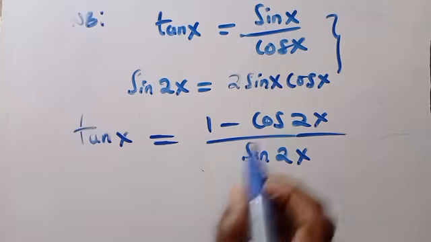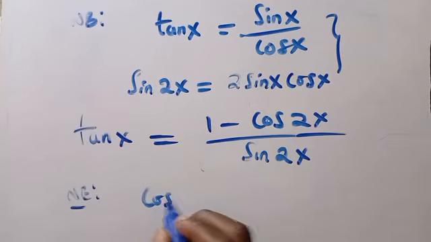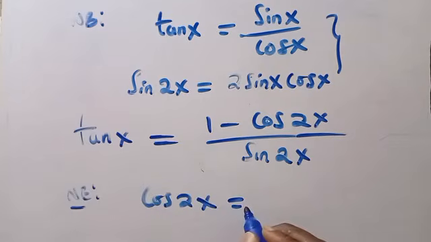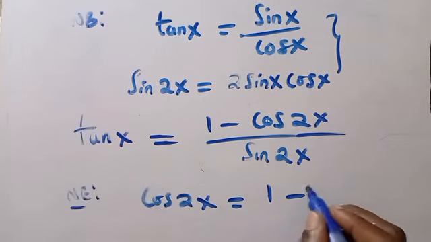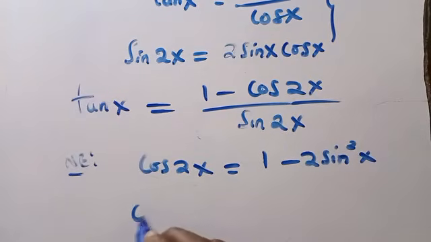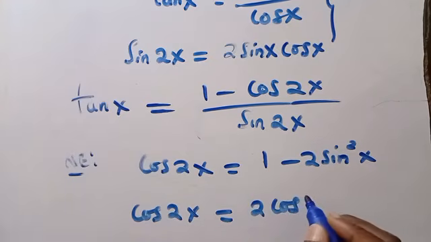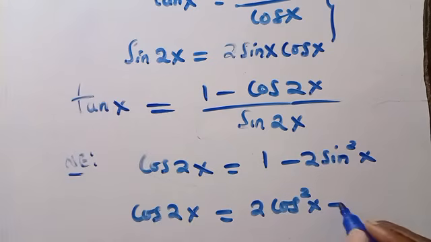To verify this, we recall also that cos 2x is given as 1 minus 2 sine squared x, or we can simply say cos 2x equals 2 cos squared x minus 1.